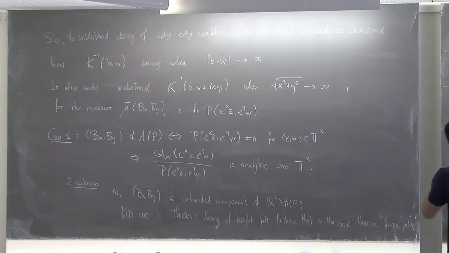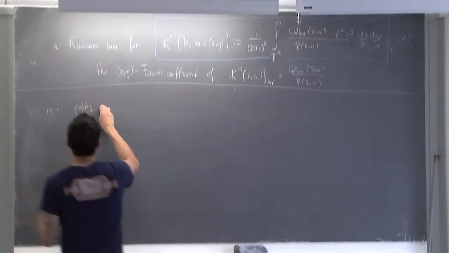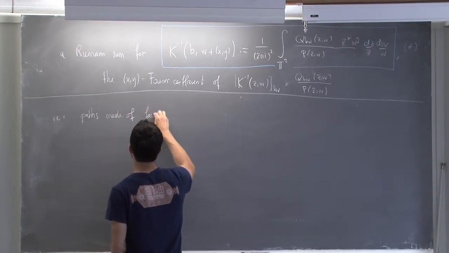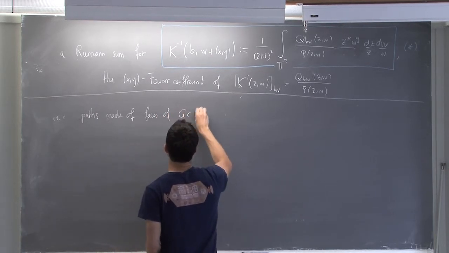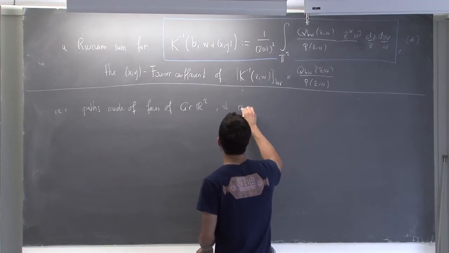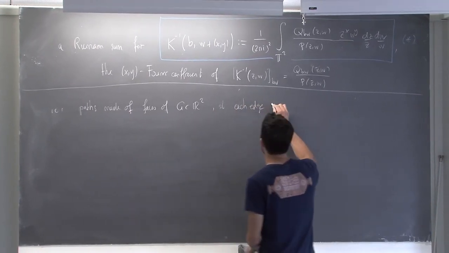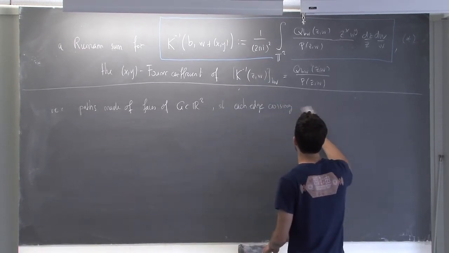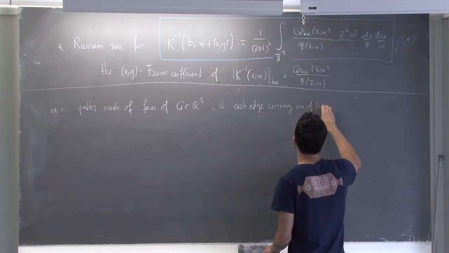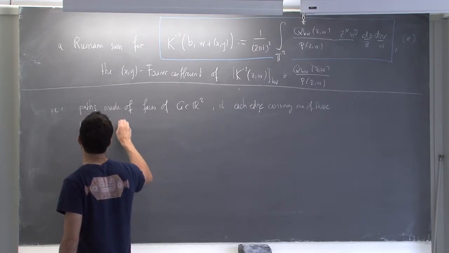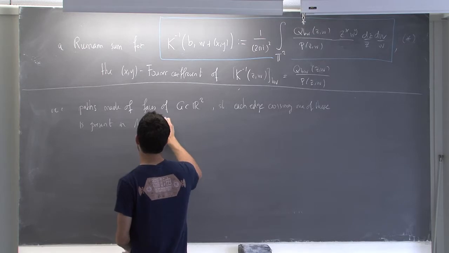So what does this mean? I.e., a path made of faces of G R2 such that each edge crossing one of these paths is present in a perfect matching with probability 0 or 1.